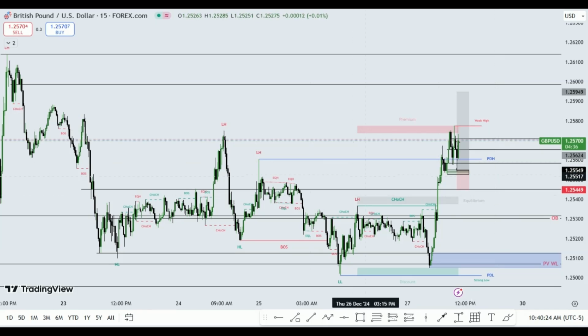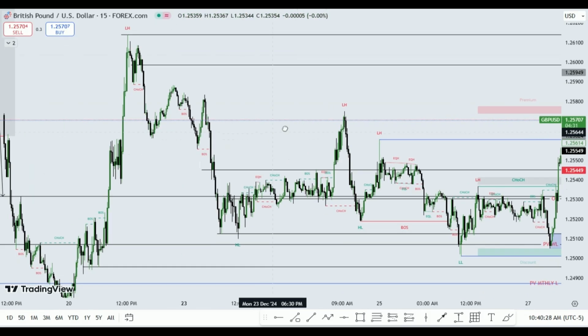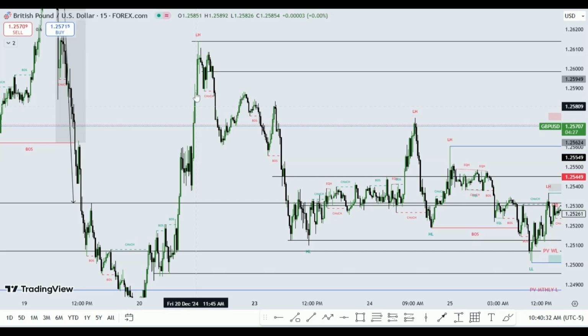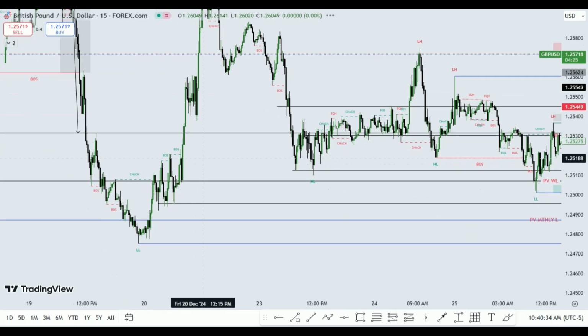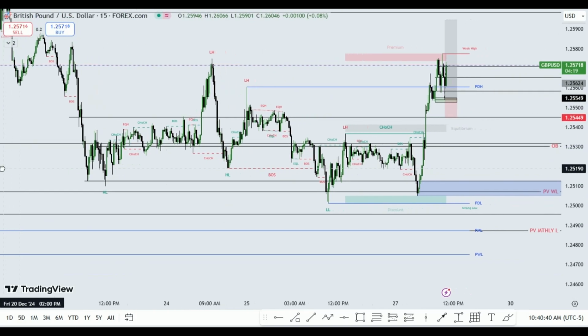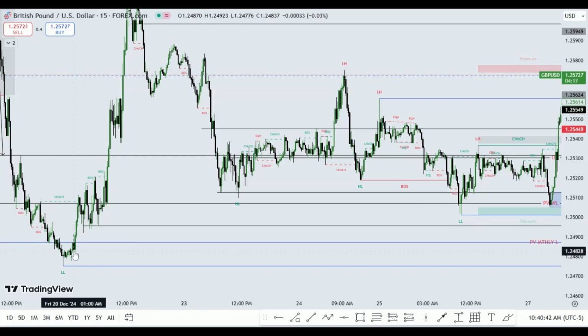As you can see here, we are expecting, because the market is bearish, and then the market goes up and down, breaking this level, because here we are at the previous monthly low, this level.